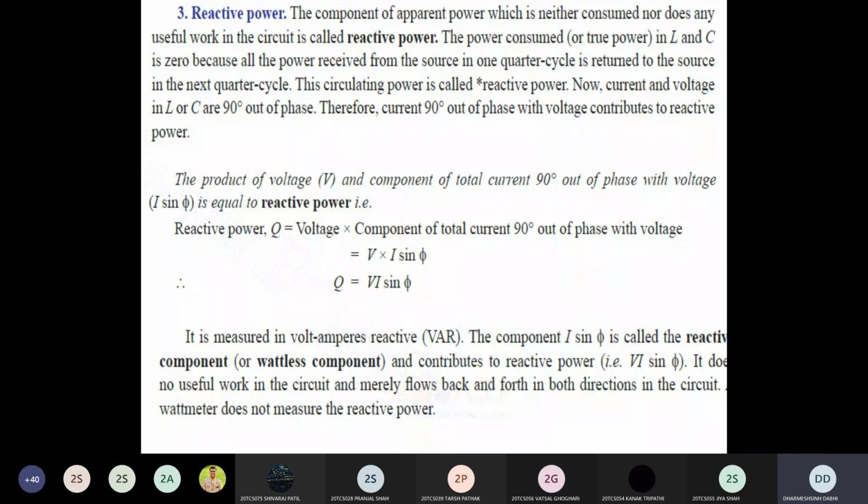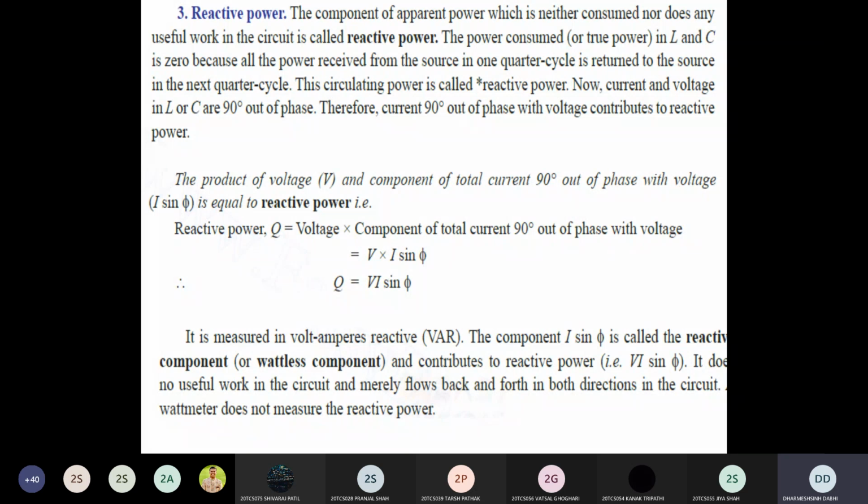So in one cycle the average power consumed by L and C is 0. That is called circulating reactive power, because in one quarter cycle they get the power and in another quarter cycle they supply the power again to the source. So they are circulating from one side to another.